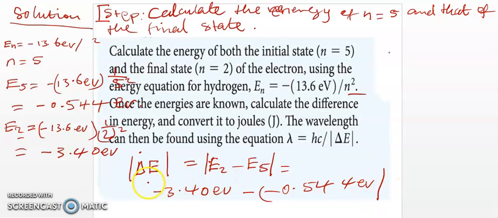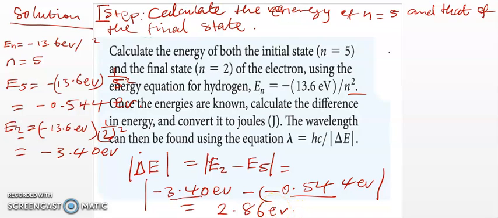But we are taking the magnitude of this, so we ignore the negative sign and simply take this value minus this value. If we take the magnitude, we end up with 2.86 electron volt.